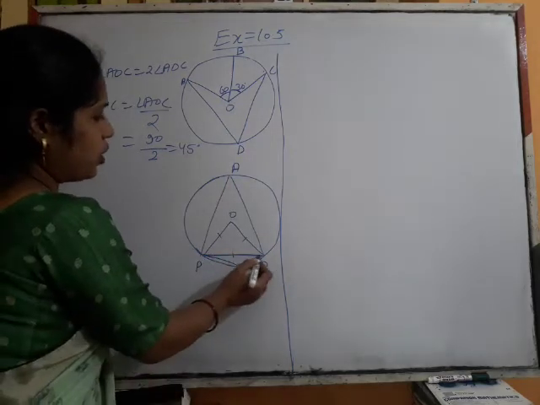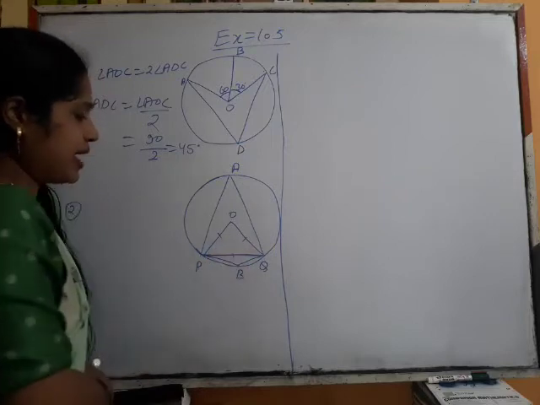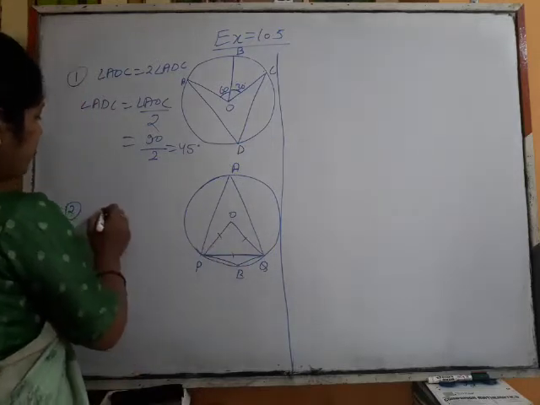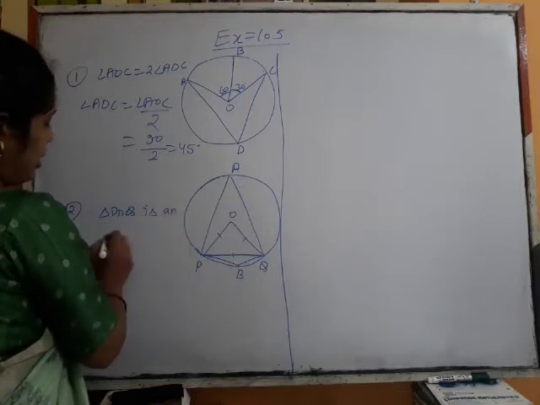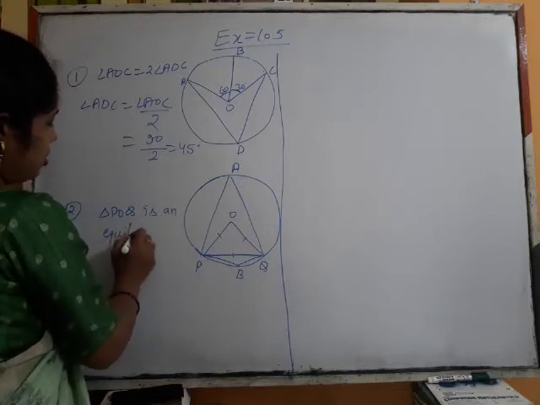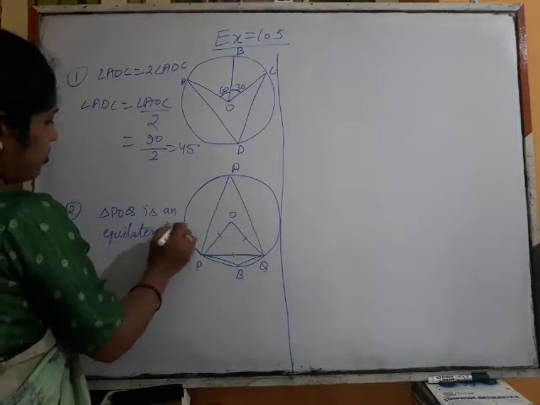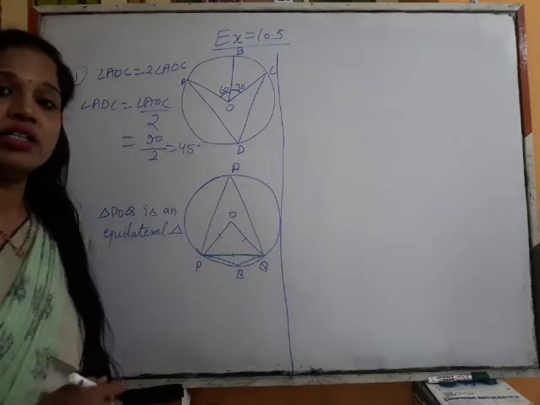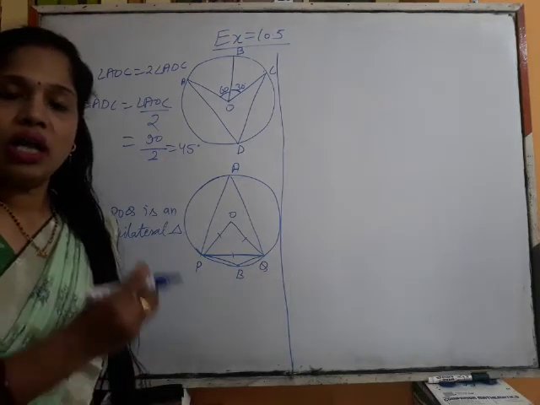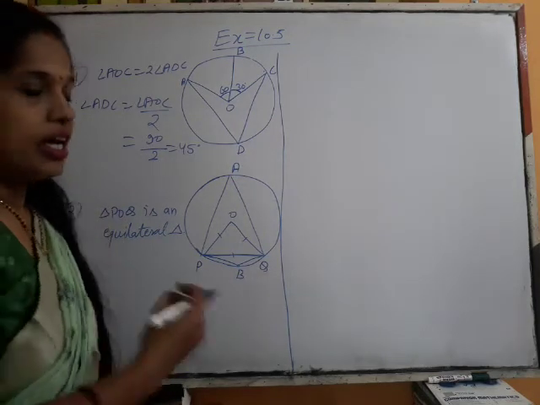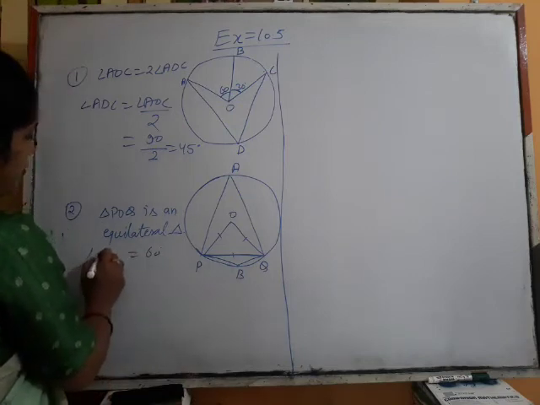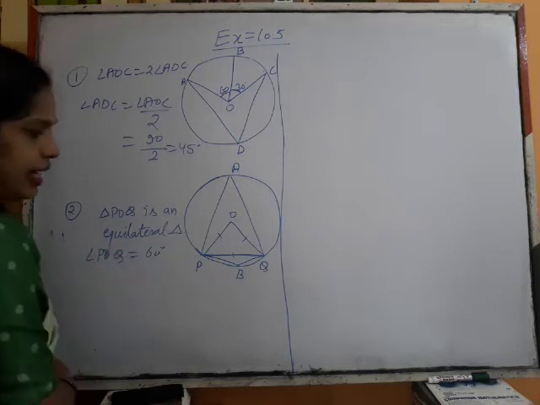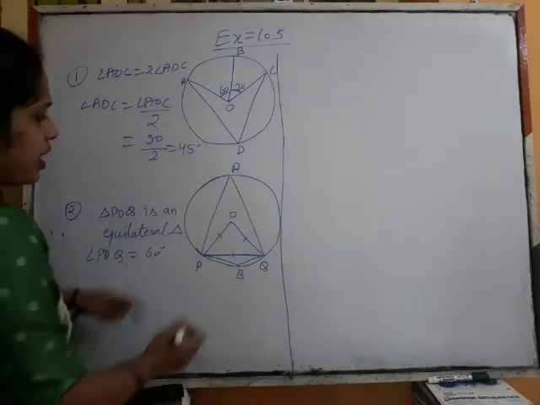Since the length of the chord is equal to the radius, it makes triangle POQ an equilateral triangle. And students, we know that all the angles of an equilateral triangle measure 60 degrees. So angle POQ is 60 degrees.